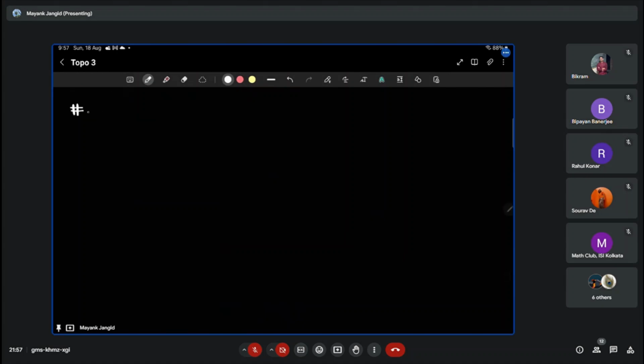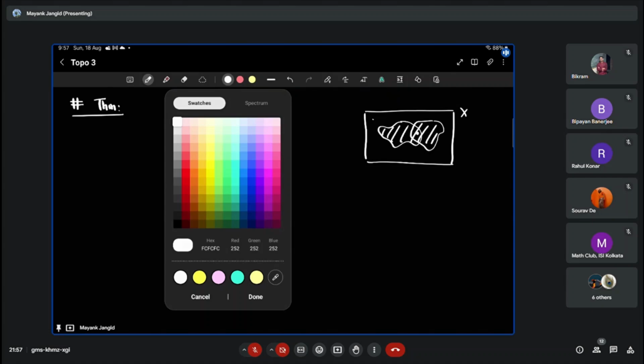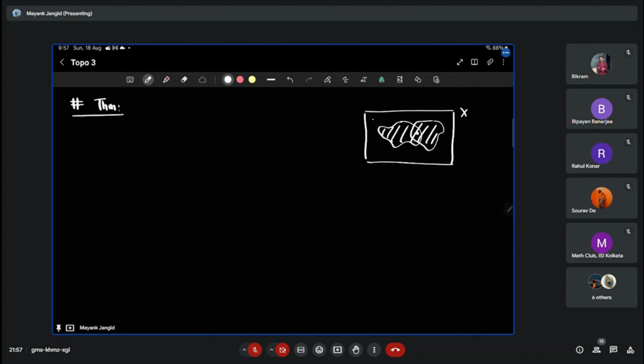So one very natural result which one should expect is that if I have a topological space X and I have a few connected subsets of it which have some intersection, then their union must also be connected. So this is a result that we can show.